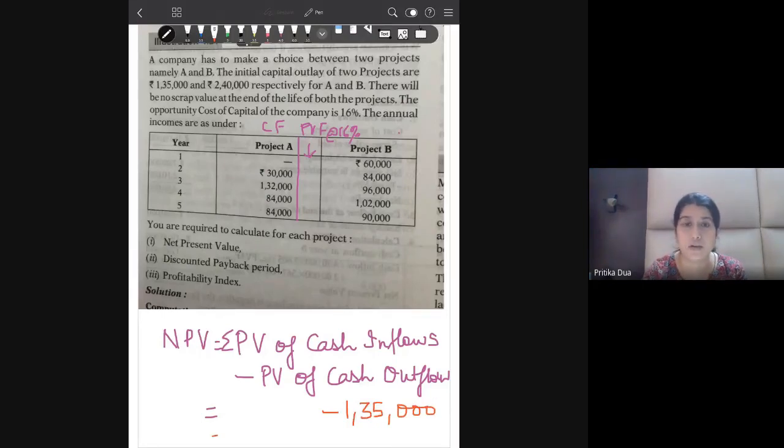If anyone has solved, you can put the answer in the chat box. Okay, so Nipun, you have solved for both the machines and the project is being preferred. Nipun, it would be good, okay, you're giving the answers also.